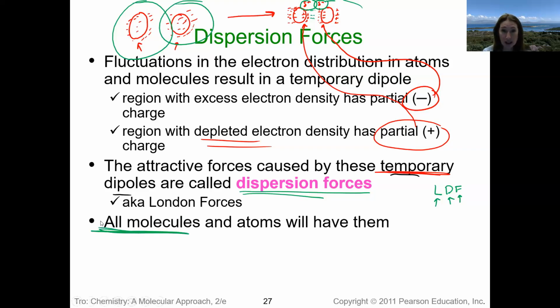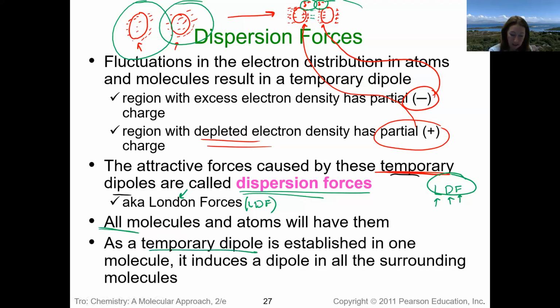Because every molecule has electrons. So all molecules have dispersion forces, or LDFs, London dispersion forces. Fritz London is the guy that discovered these, so that's why we named them London dispersion forces, because Fritz figured them out.